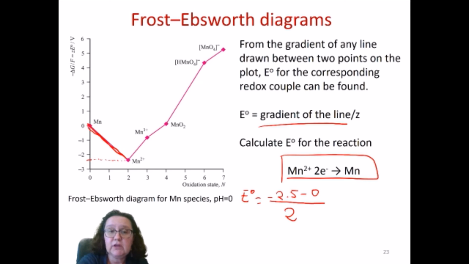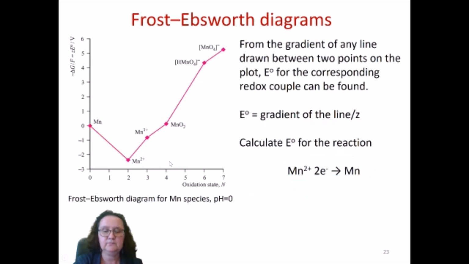So this is minus 1.25. So you can join any 2 points and calculate what would be the electron potential for a particular reaction by taking the gradient of the line that joins them divided by the number of electrons exchanged in the process.